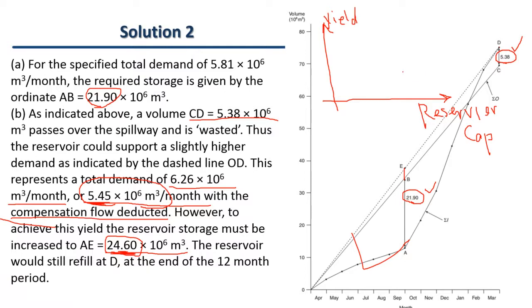For example, I'm not sure if this is going to be linear or non-linear, like this curve. Let's say this is the 24, and this is 5.45, and this is the 21, and this is a 5.